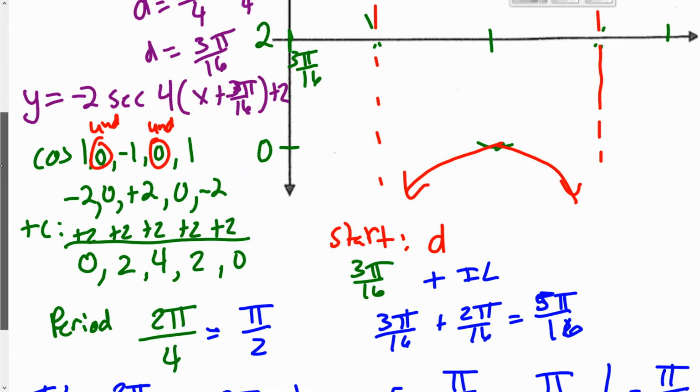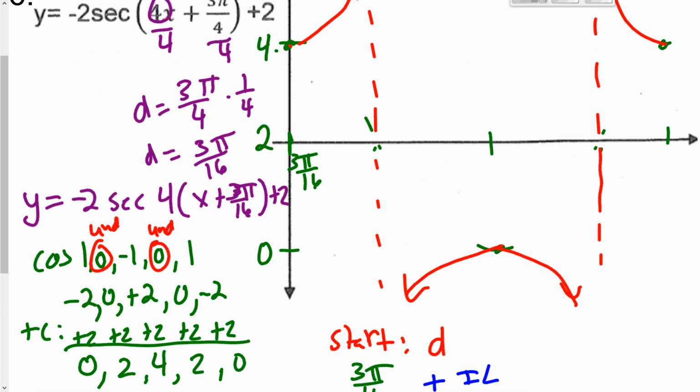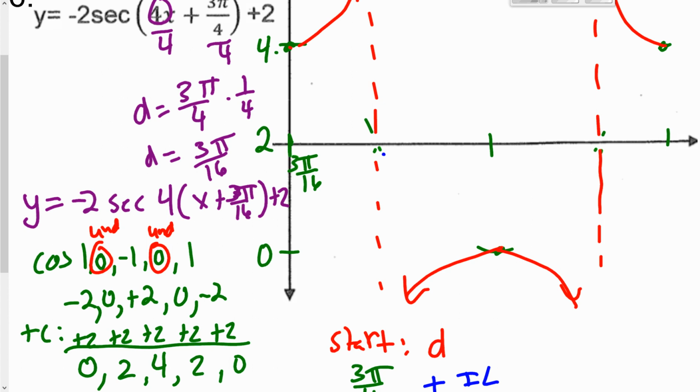It's getting late. So this becomes 5 pi over 16. I can add another interval length, which is 2 pi over 16, so that's 7 pi over 16. This becomes 9 pi over 16, and this becomes 11 pi over 16.